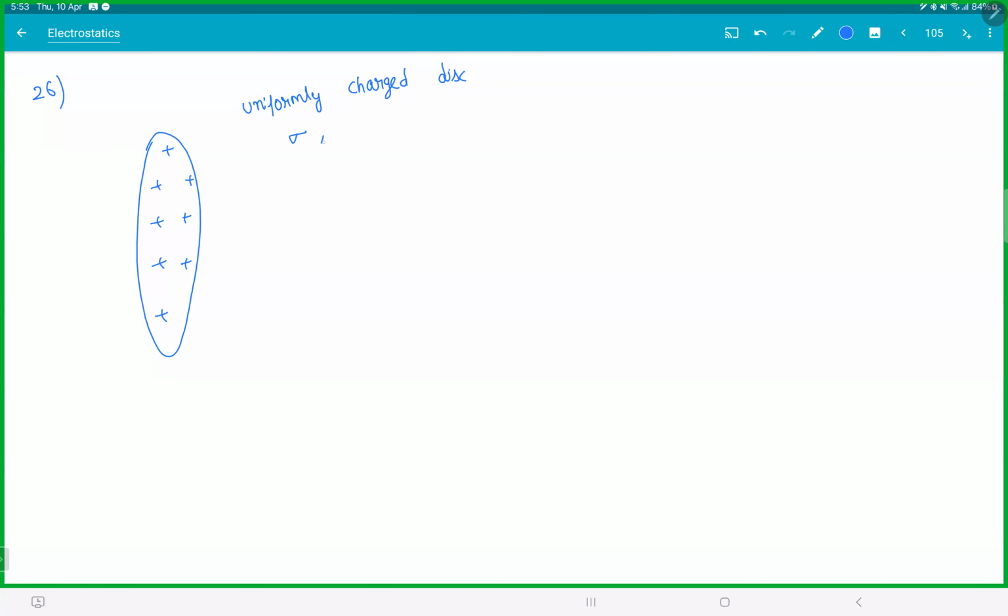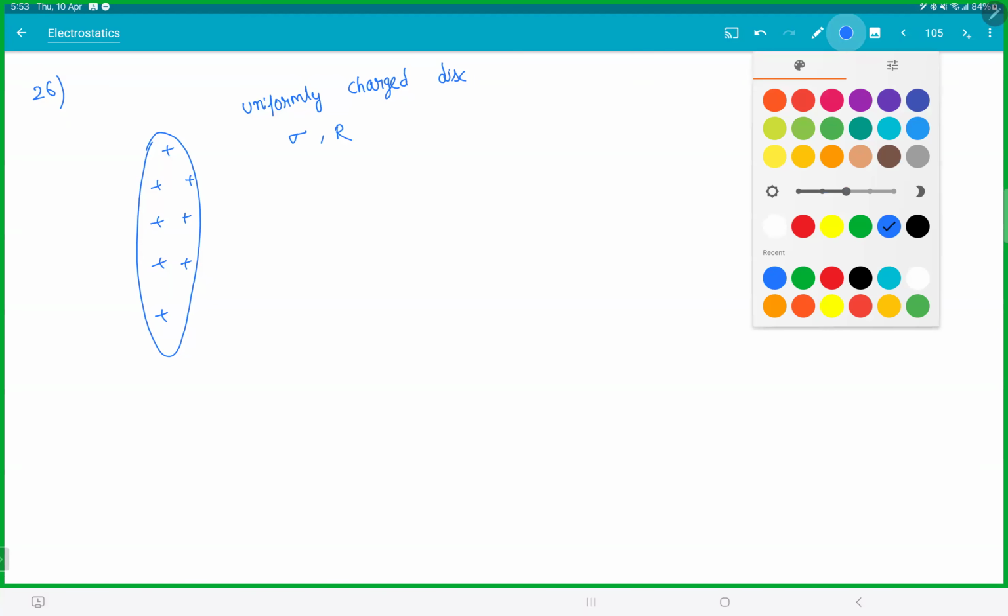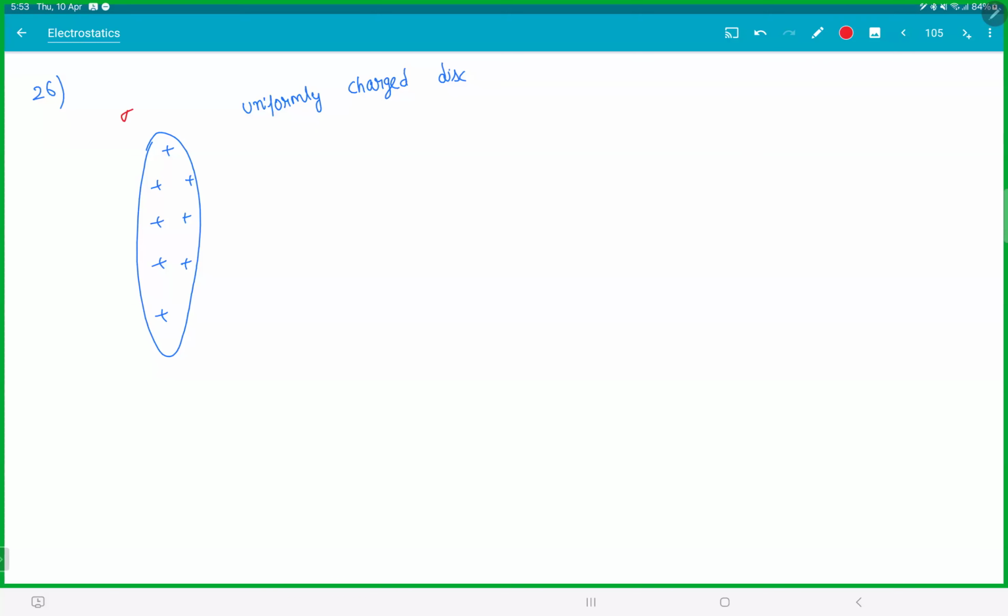Sigma is the surface charge density, radius is R. So we have a point P here. Let's say this distance is Z. Find the field at point P. Then explain the result.